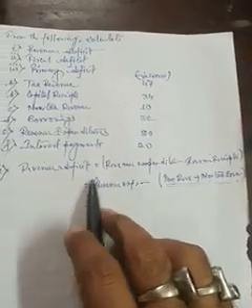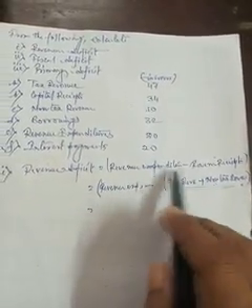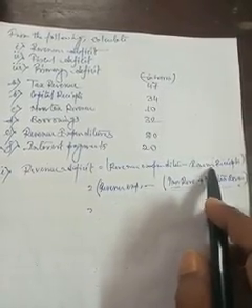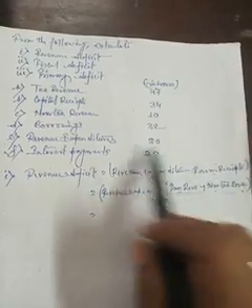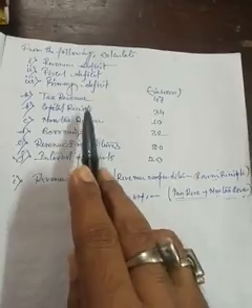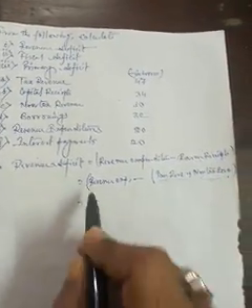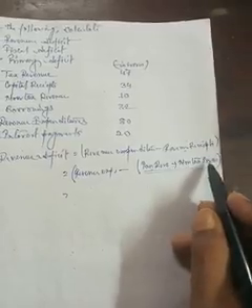Okay, so our actual formula is revenue expenditure minus revenue receipts. So the revenue expenditure value is given, the revenue receipts value is not given, but the parts of revenue receipts are given. That means tax revenue and non-tax revenue, because tax revenue and non-tax revenue are a part of revenue receipts. Okay, so we can write tax revenue plus non-tax revenue.